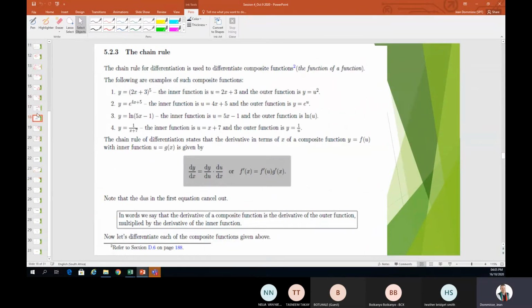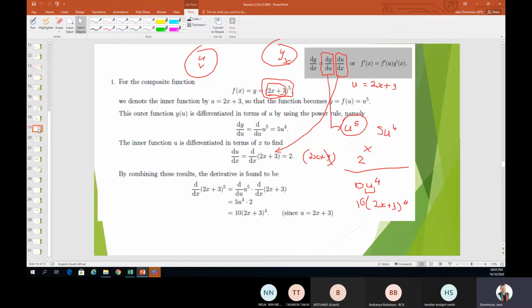Okay, so let's look at the chain rule. What the chain rule did was that you made the inner term equal to something.